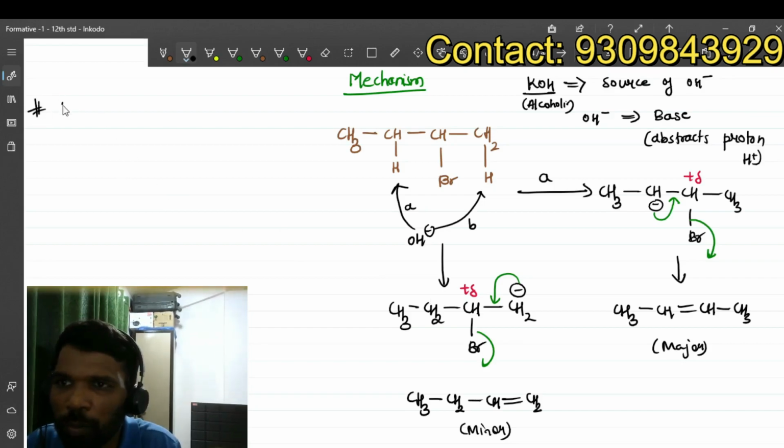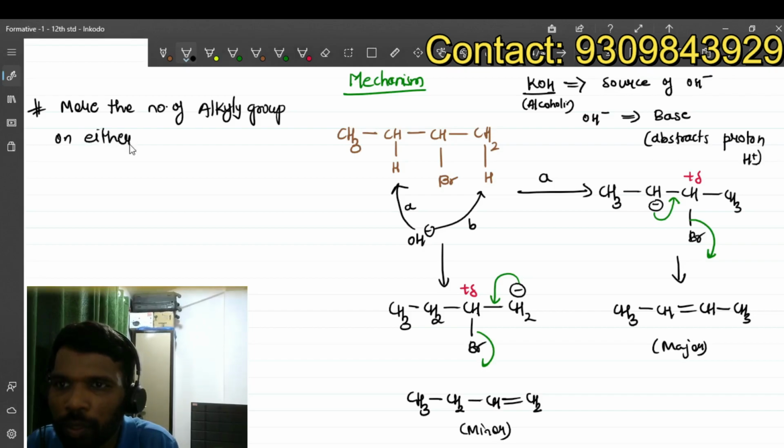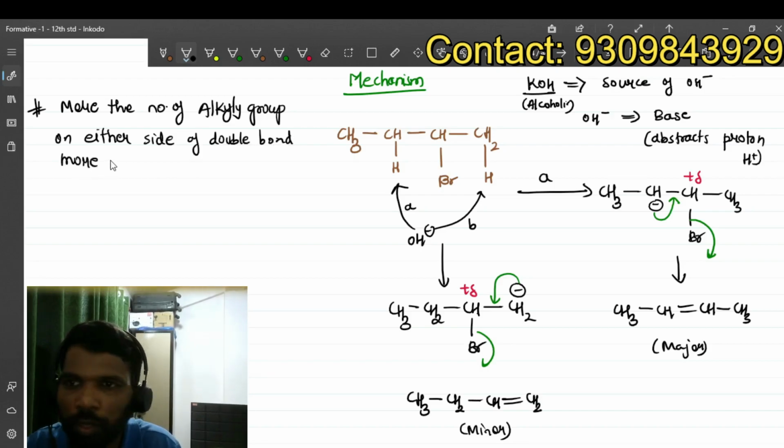Remember this rule: more the number of alkyl groups on either side of the double bond, more is the stability of alkene.